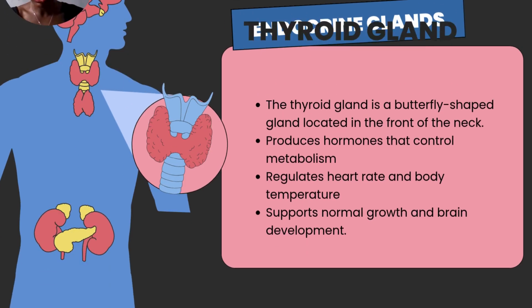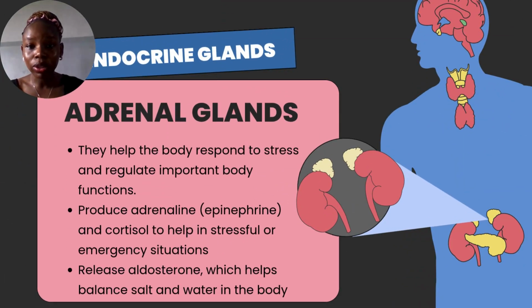The adrenal glands are found on top of the two kidneys, and they help the body to respond to stress and regulate important body functions. They also produce what we call adrenaline and cortisol. And this cortisol helps in stressful or emergency situations.